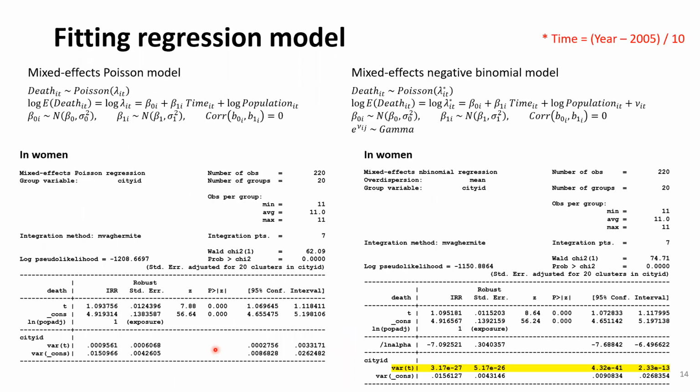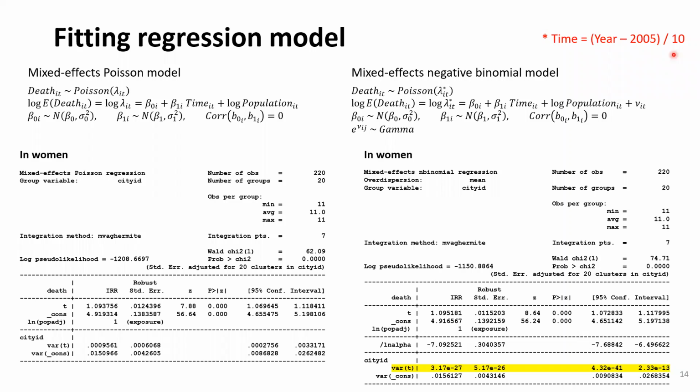So this is the result. I'm only showing the result for women from the Poisson model and negative binomial model. And by the way, t is given by this equation: t equals year minus 2005, divided by 10.